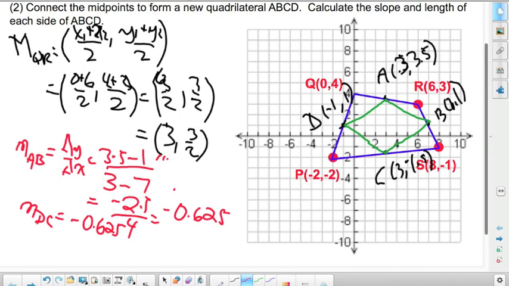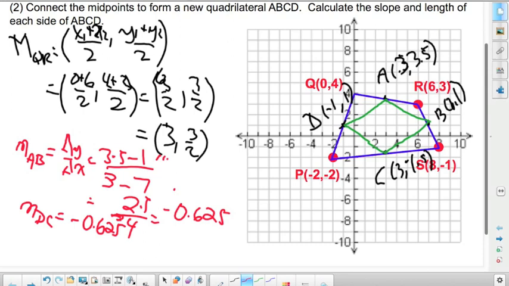Isn't it 3 minus 7 plus... It's not supposed to be negative 2.5, it's just 2.5. It still comes out to be negative. Okay, thank you. So we're finding that those 2 slopes are equal.